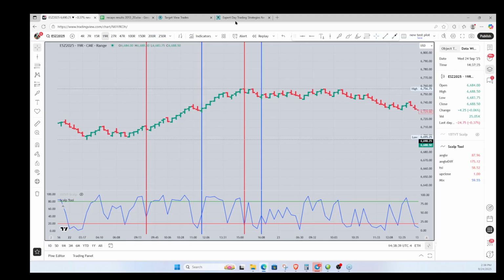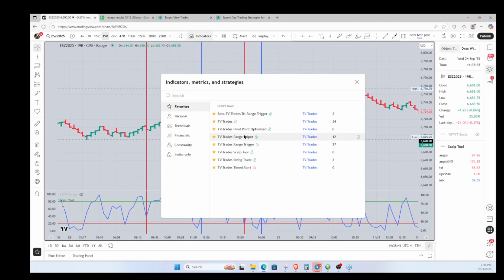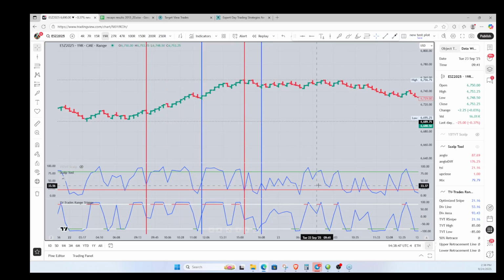Now you can just take the range trigger tool if you want to, guys. Let me just put that back down there for you. It's not going to be as good. But the thing to look for in the range trigger tool is when it goes flat. If it goes flat like this, and you have a down close, buy the next bar. If it goes flat like that, you have a down close, buy the next bar.